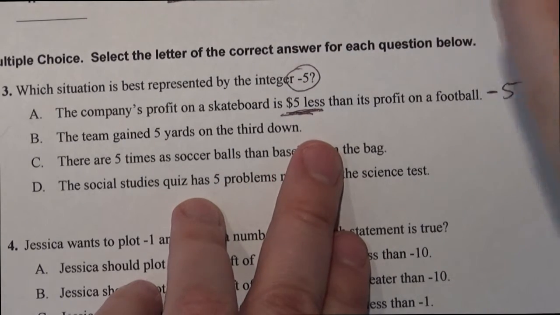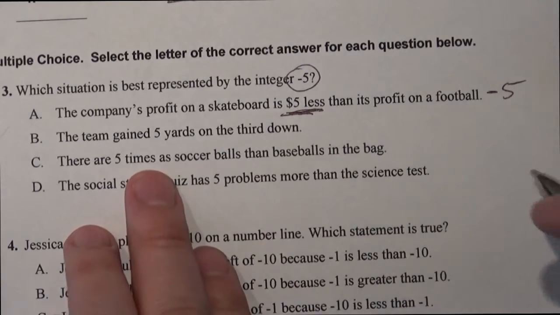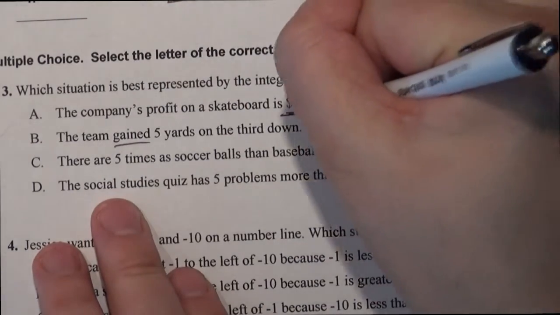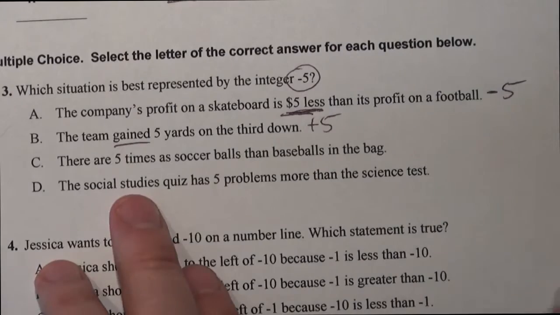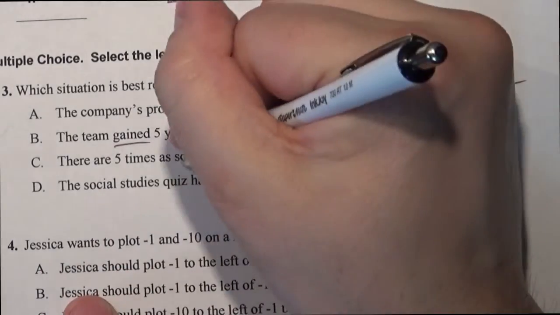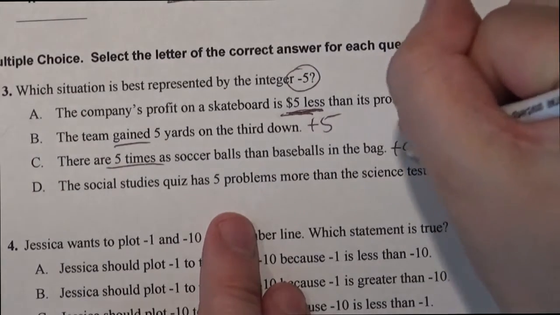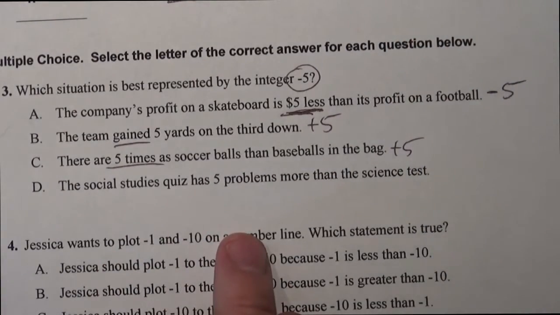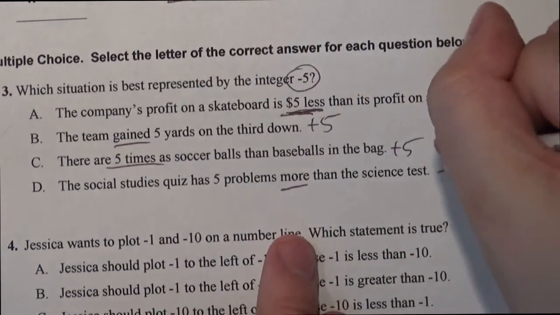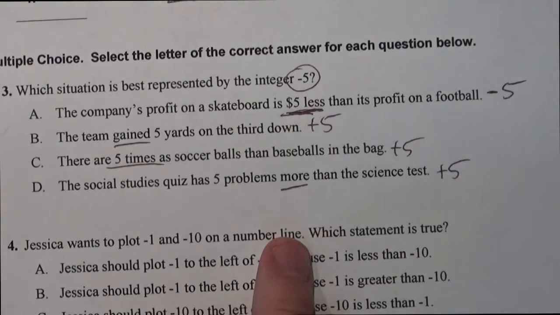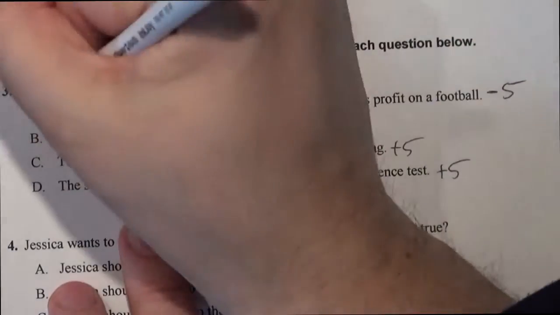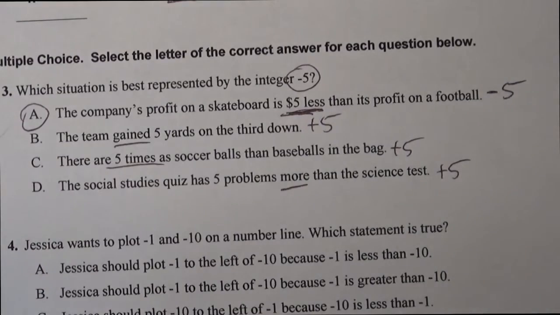That is a negative 5. The team gained 5 yards. That's a positive 5. There are 5 times as many soccer balls. I think on your paper it says as many. So 5 times as many is a positive 5. The social studies quiz has 5 problems more. That's a positive 5, right? So we see pretty clearly that A is our only option.